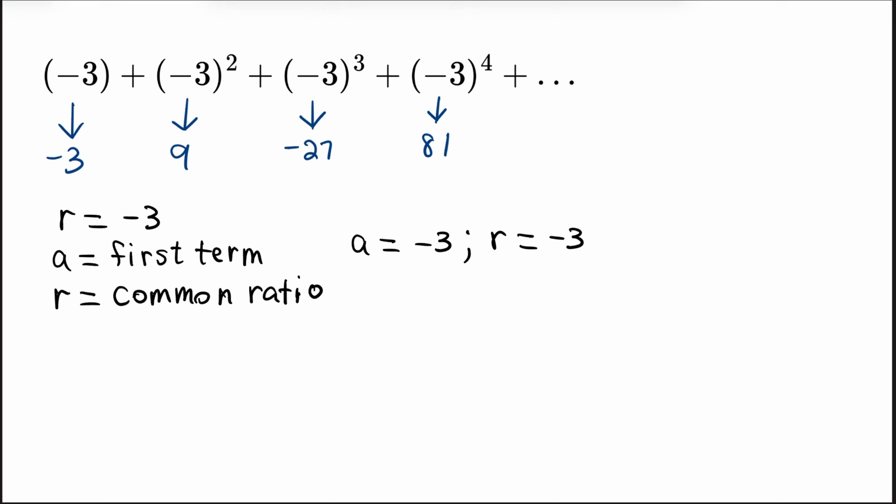And then another thing I want to point out is that a geometric series converges only if the absolute value of R is less than 1. Okay, so let me go ahead and write that down.